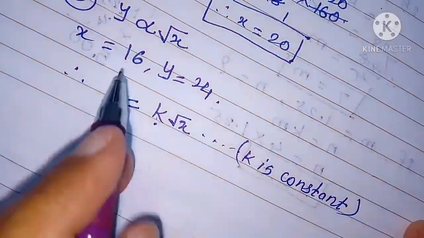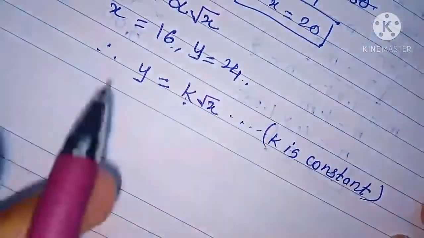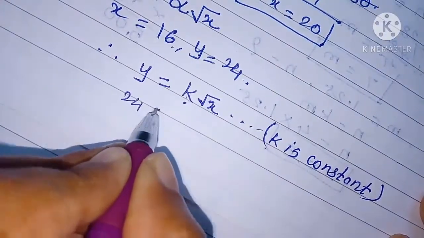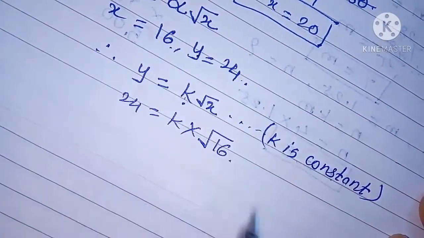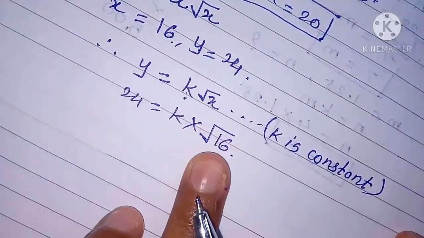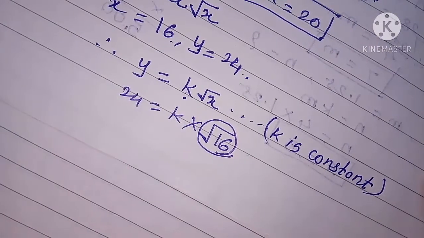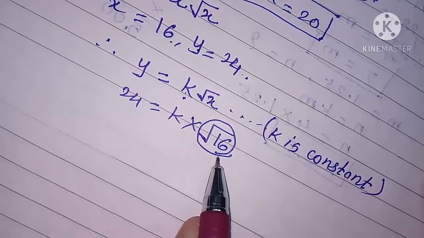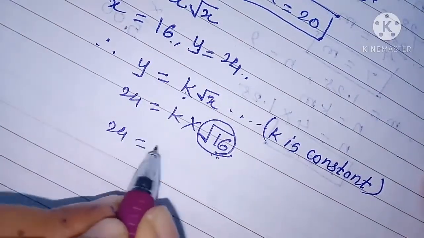As here given, x is equal to 16 and y is 24. See, y is 24 and k into under root 16. Here it is under root 16 coming. As you know, under root 16 means 16 is the square of 4. So 24 is equal to k into 4.